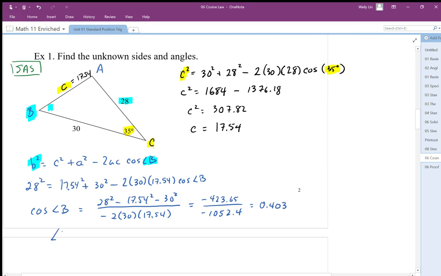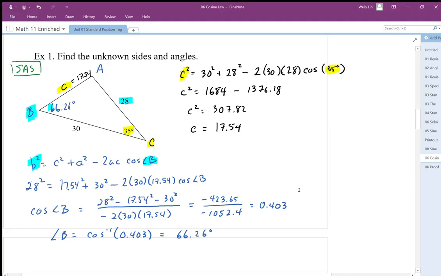When I solve for angle B, I need to use arc cos. I input the ratio, and the ratio is positive, so that means my angle is acute. I end up with 66.26 degrees. I don't need to worry about an ambiguous case with cosine law, so this is the only angle I can get.